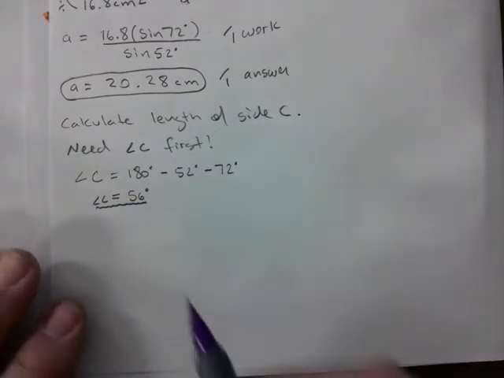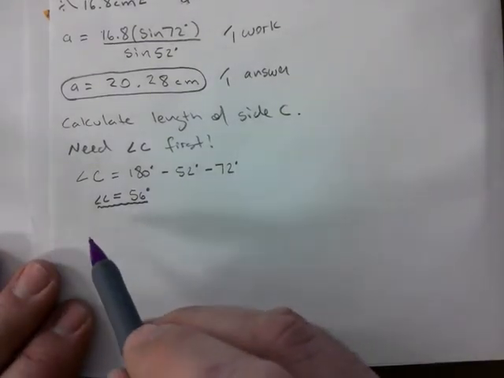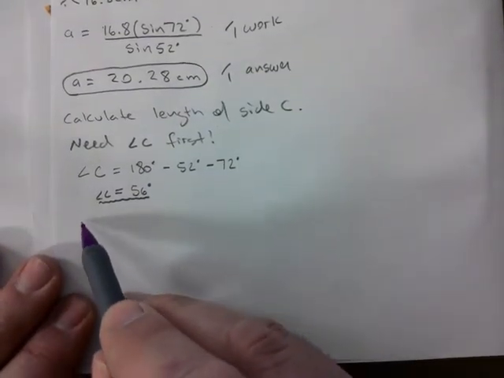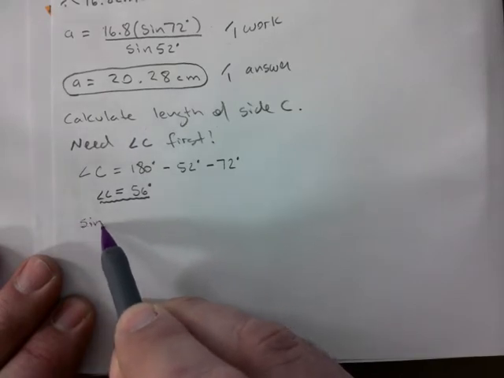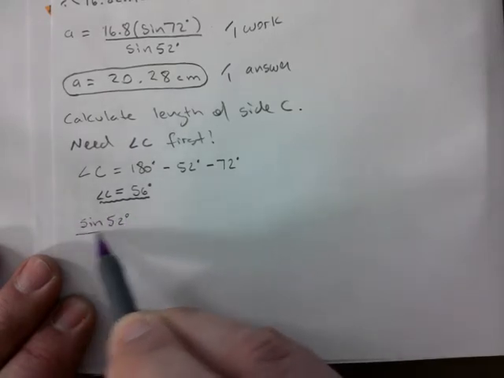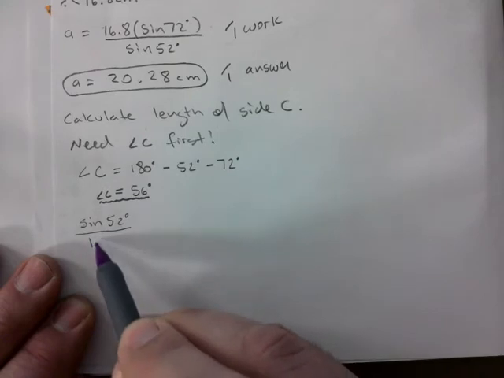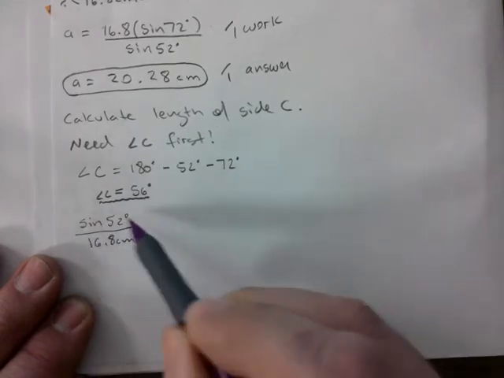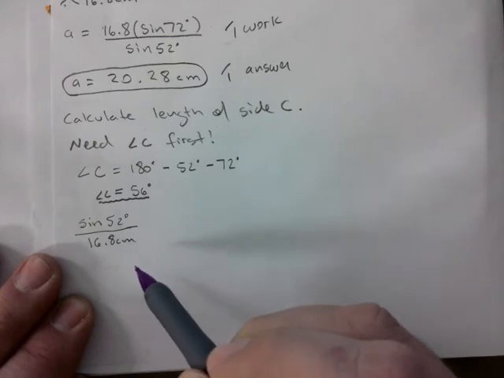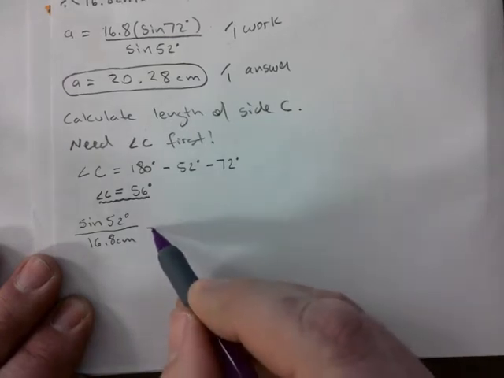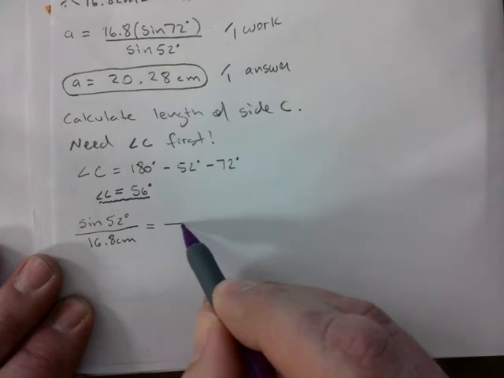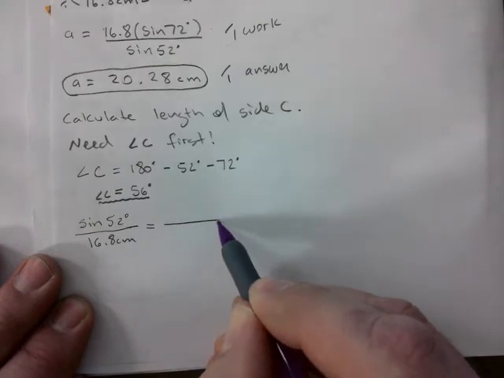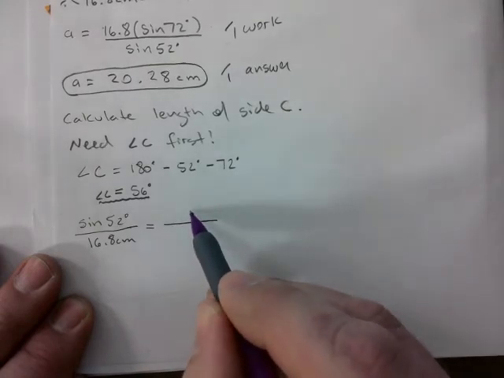Okay? So watch this. This is going to look very familiar to you. I'm going to start with the same pair that I knew from the very beginning. This is the pair I knew from the very beginning. I circled it on my diagram. But now, on the other side, instead of sine of 72 like before, watch this.